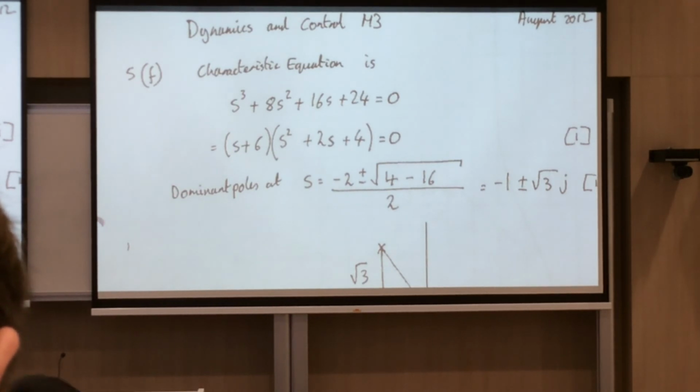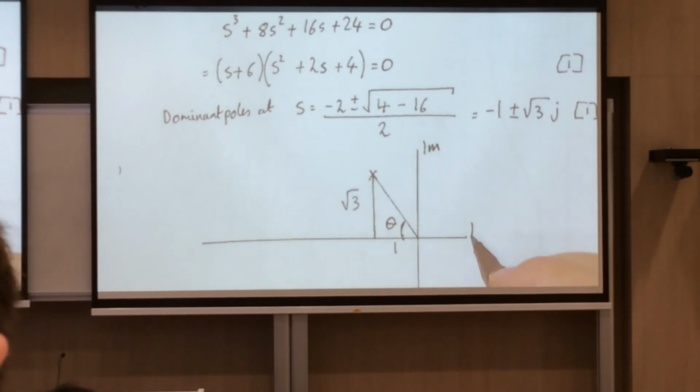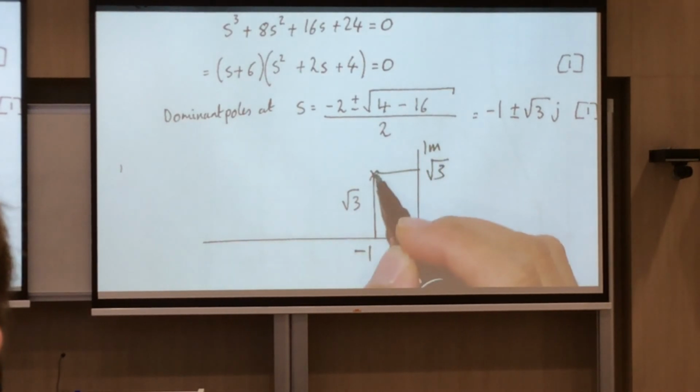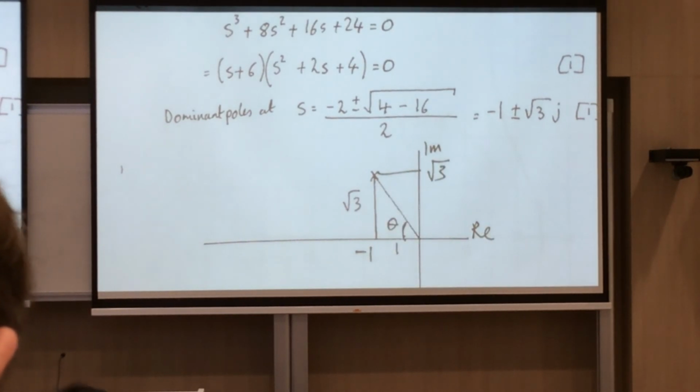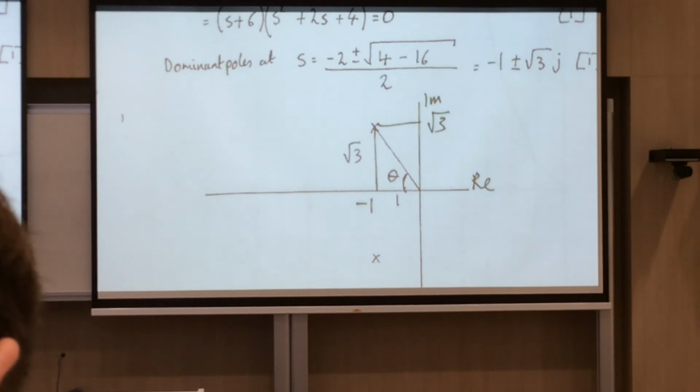So minus 1 plus minus root 3 j, how do you draw them on the complex plane? This is imaginary, this is real. This is minus 1, this is root 3, this is the point here. How do you tell the damping factor?